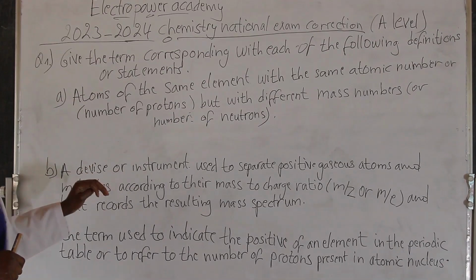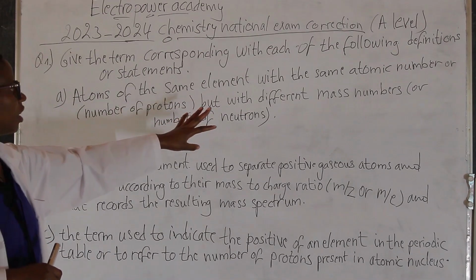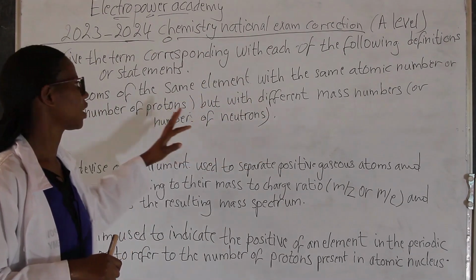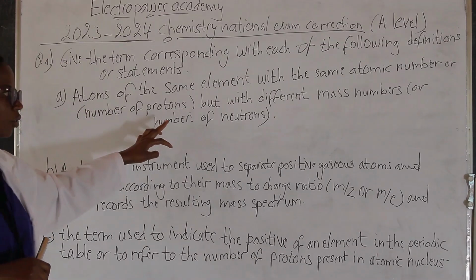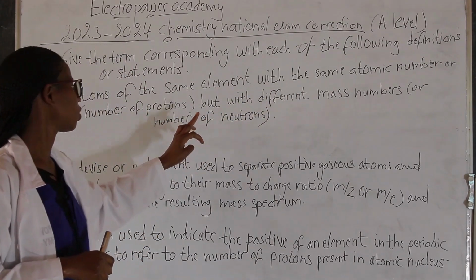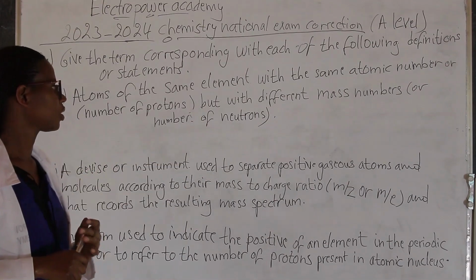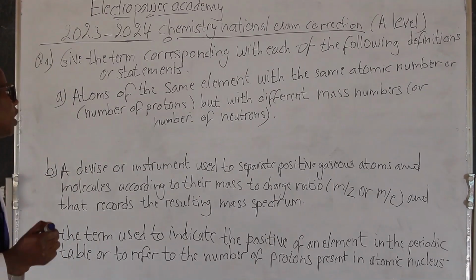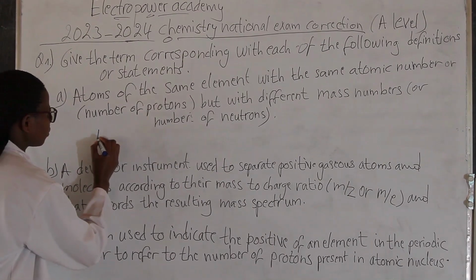For number A, atoms of the same element with the same atomic number or number of protons, but with different mass number or number of neutrons. Here it is isotope.